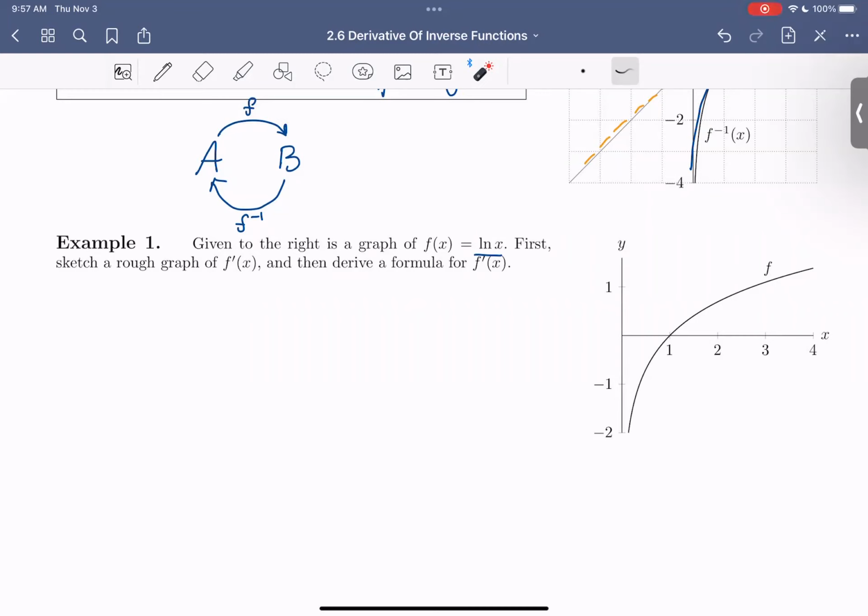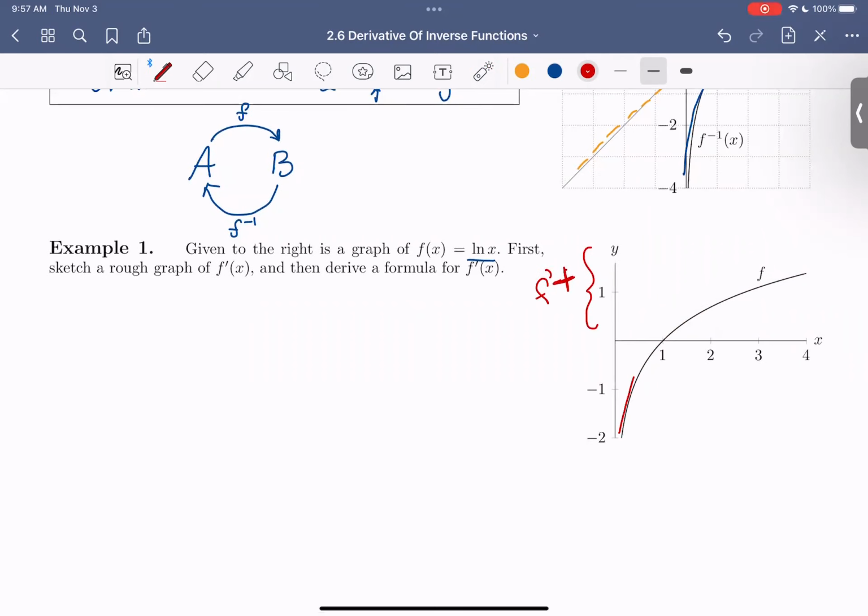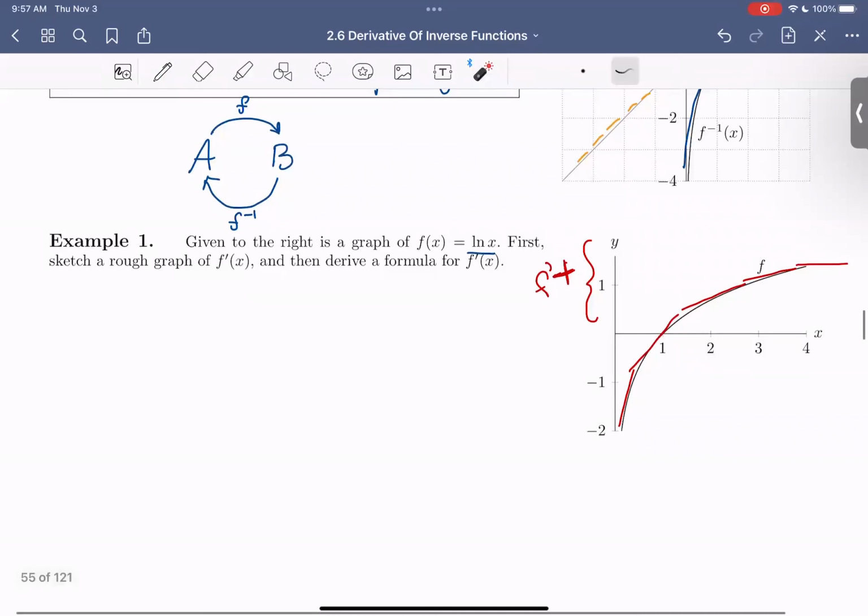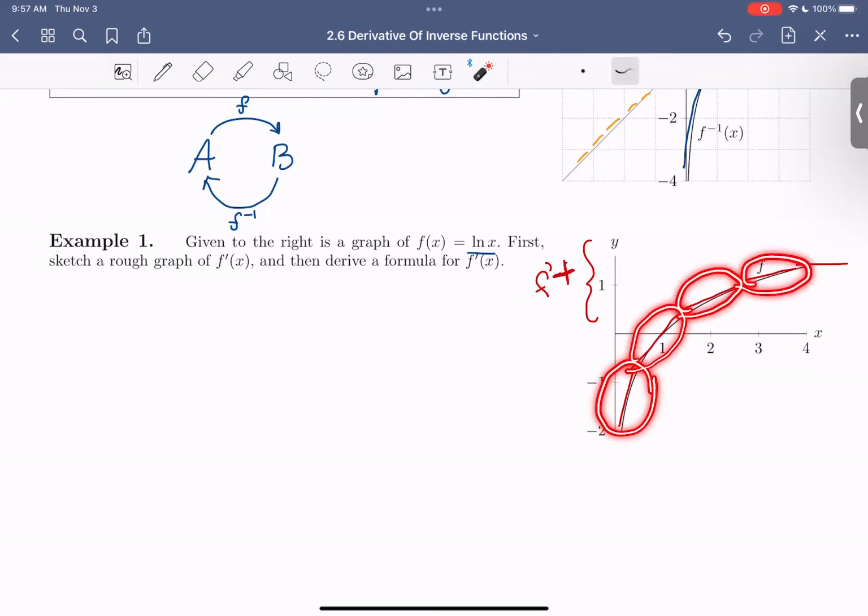So we can see that our function f, if we drew in some kind of sketches of tangent lines here, all of these tangent lines have a positive slope. So our derivative f prime is always going to have to be positive. All right, but what will the shape look like? Well, if we do sketch in some of these tangent lines, we see that the slope starts out very steep here and then gets smaller and smaller and smaller.